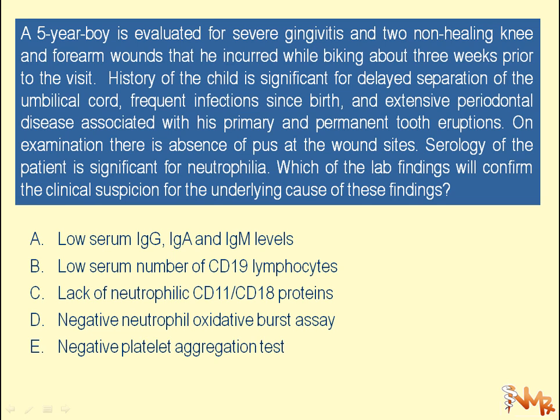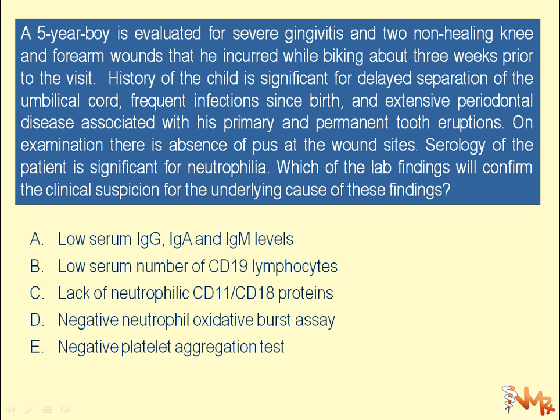On examination, there is absence of pus at the wound site. Serology of the patient shows neutrophilia. Which of the following lab findings will confirm the clinical suspicion for the underlying cause of these findings?